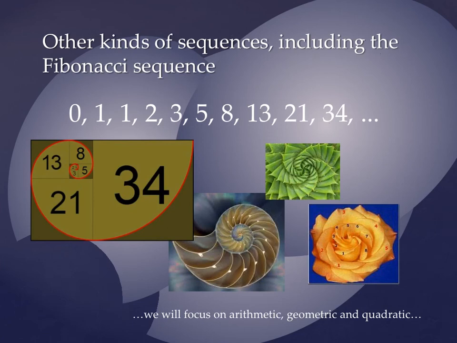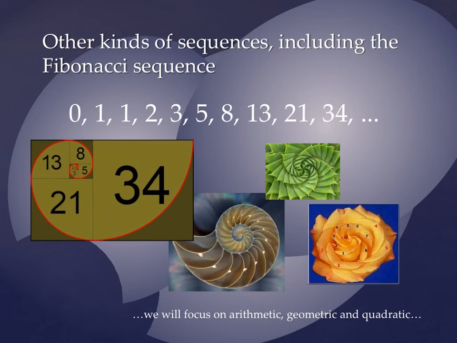The last sequence that we just looked at is the Fibonacci sequence. It's not arithmetic. It does not grow by adding the same number over and over again. It is not geometric or exponential, where it grows by multiplying or dividing by the same number over and over again. And it's not quadratic. There's not an increasing number that's added each time.